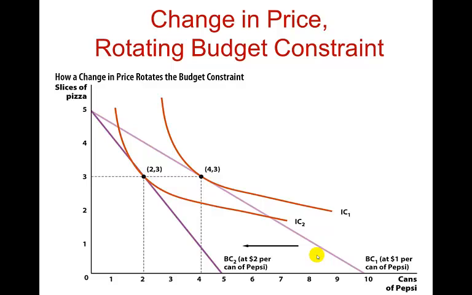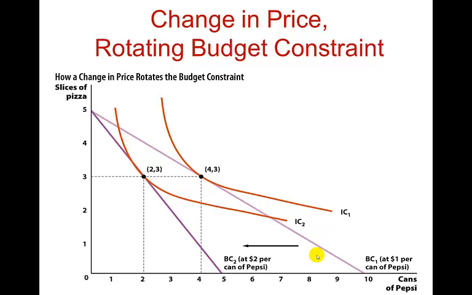A substitute, on the other hand, is defined by when the price of another good increases, the demand for the substitute also increases. Well, here we've got a special case where the price of Pepsi increased and the demand for pizza didn't change. So this is a special case where the goods are neither complements nor substitutes.